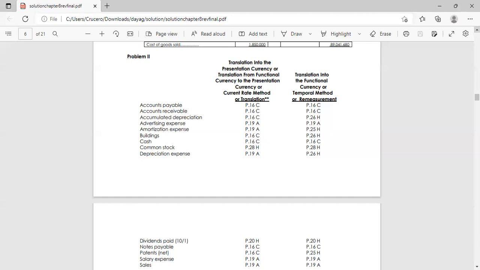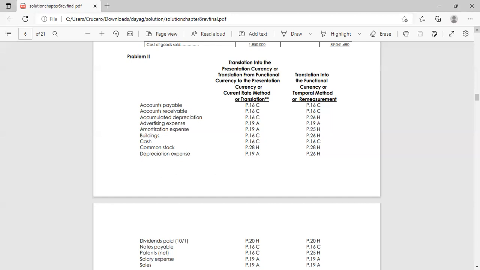So that 0.26 is the historical rate for the building, and the same with its accumulated depreciation. That's why under method number 2, for accumulated depreciation, we use the historical rate for the building, which is 0.26.